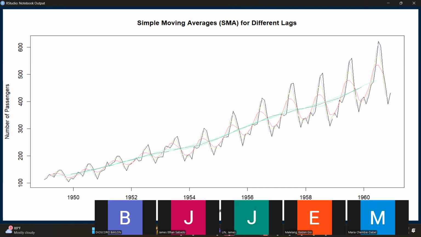Then there is your SMA24, and the black one is your SMA36. So it's easy to determine which is which.